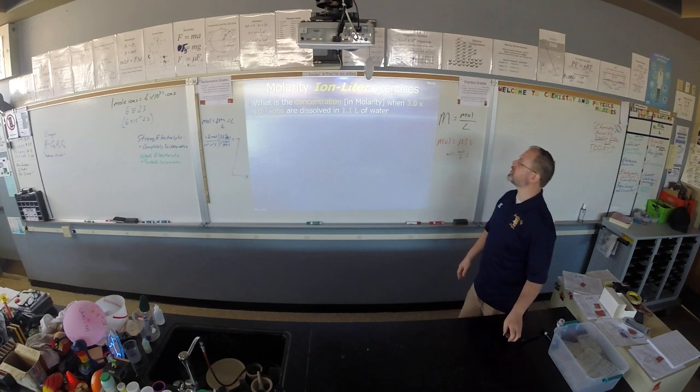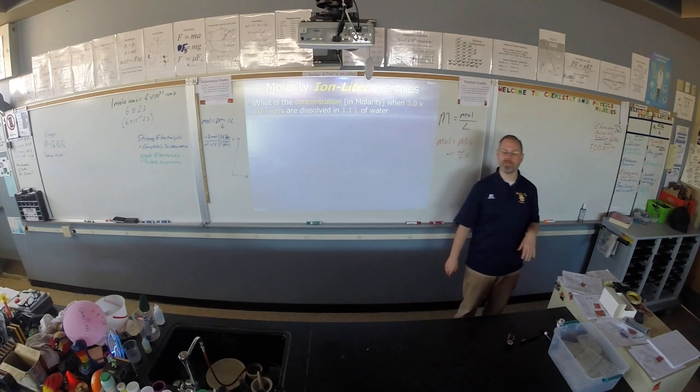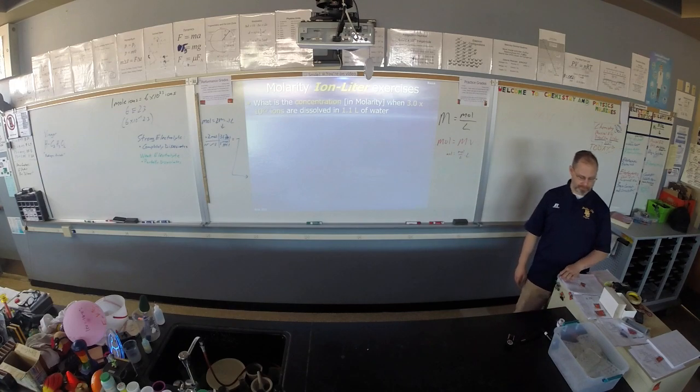What is the concentration in molarity when 3 times 10 to the 23rd ions are dissolved in 1.1 liters of water?